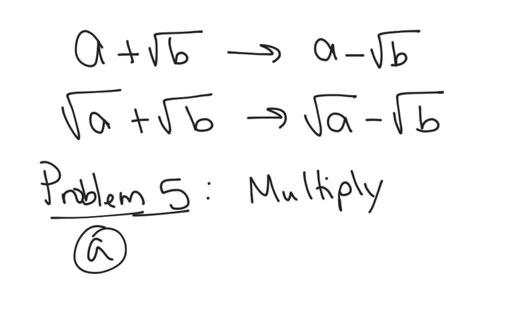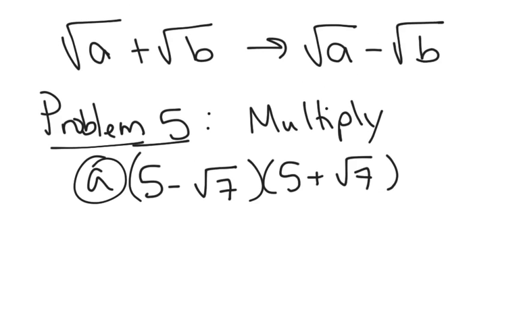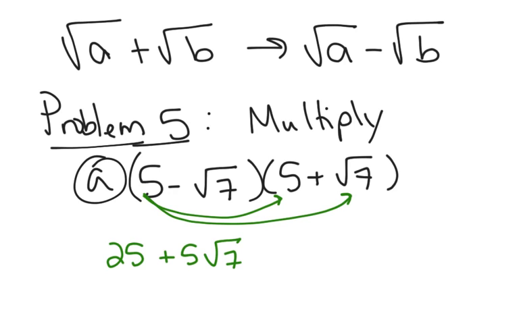Alright, I'm going to multiply 5 minus the square root of 7 times 5 plus the square root of 7. And I'm kind of going to expect that the same thing's going to happen with radicals that happened with imaginary numbers. The radicals will probably go away when I multiply conjugates. So I'm going to distribute, and I get 25 plus 5 the square root of 7.